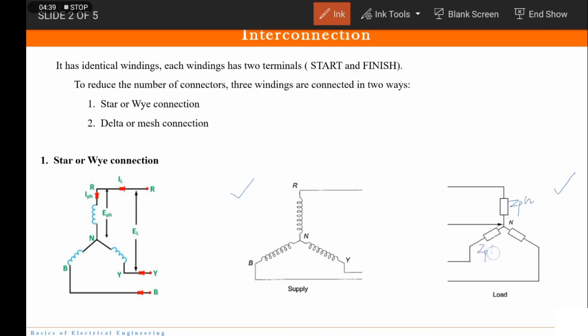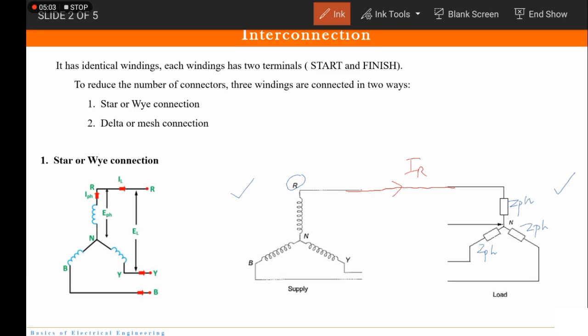Under balanced condition, all the loads are the same, correct? We have identical loads, so I will write ZPH. Fine. So this is the R winding, and this R winding has to be connected to this load. So here we have a current called IR.